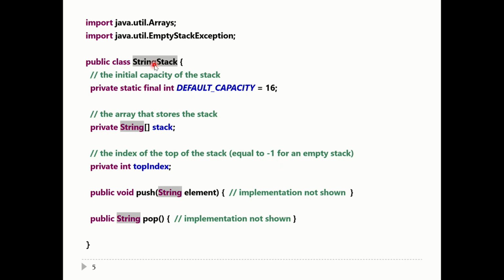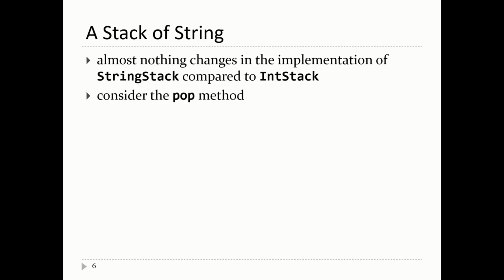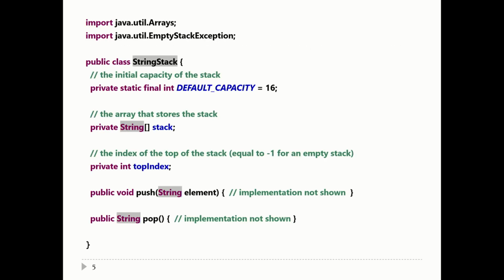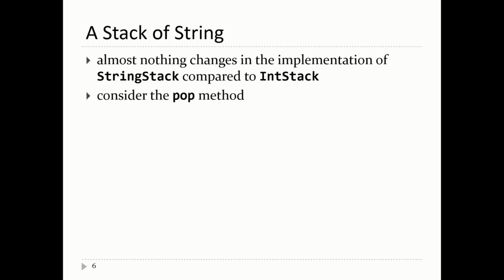The name changes, the element type on the array changes, the parameter type for push changes, and the return type for pop changes. But almost nothing else changes. If you look inside the push and pop methods, there's almost no change there too. The only thing that changes is that anywhere you said int, that now becomes string, because your stack's now a stack of strings.